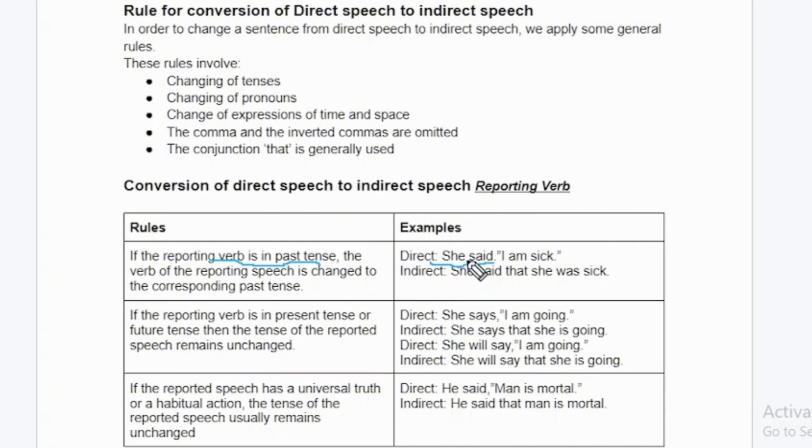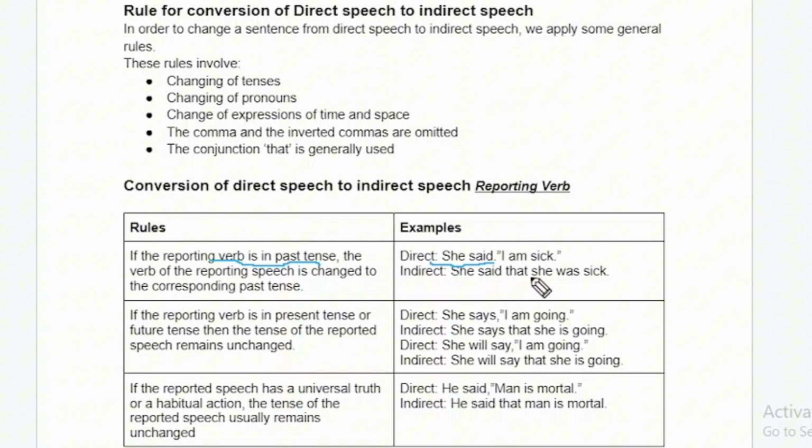So, she said, "I am sick." We repeat the reporting verb as it is: she said, because that is in past, so we keep it in past.